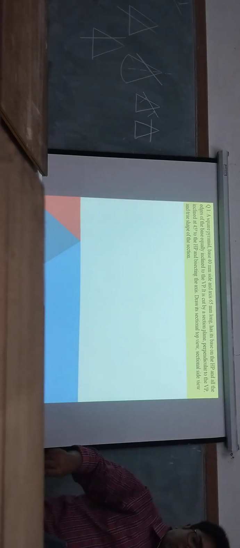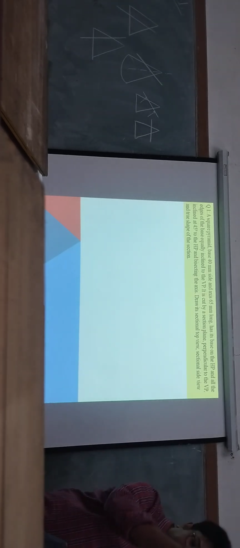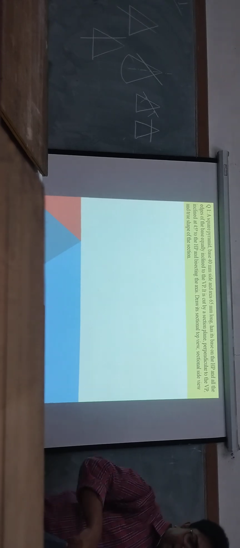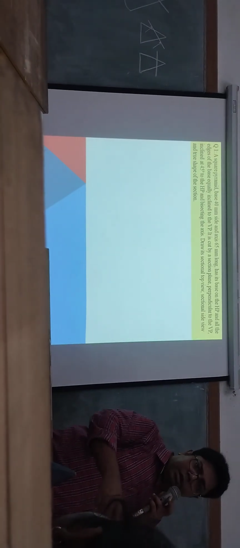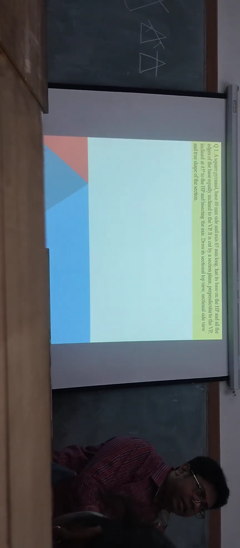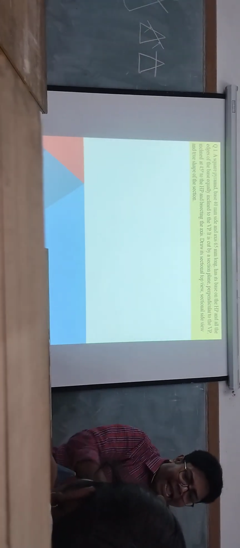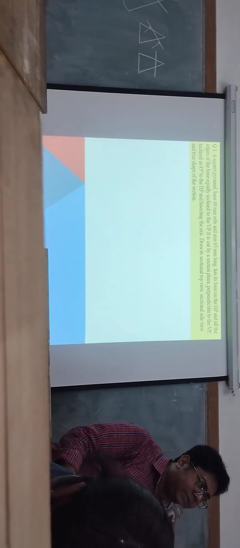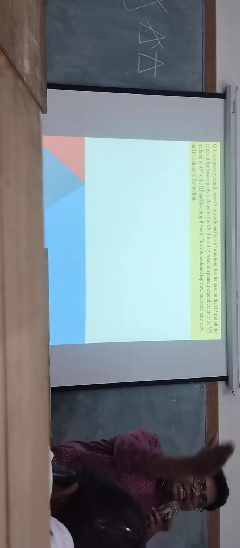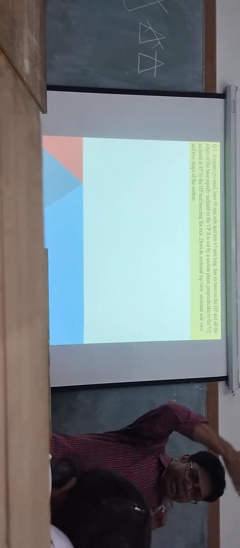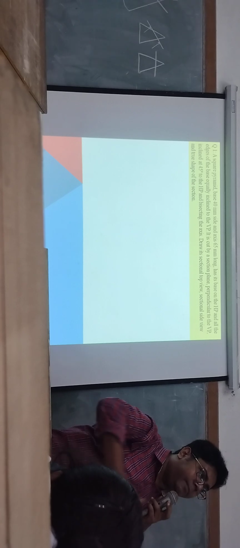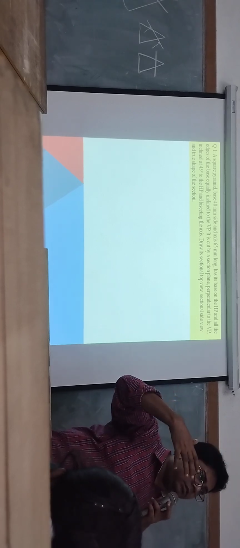Suppose you consider here is a square, your square pyramid. It is a plane. You are cutting in this way. This is making an angle with the horizontal plane, that is a 45 degree angle, and this plane is perpendicular to the VP, the vertical plane. Please try to visualize.